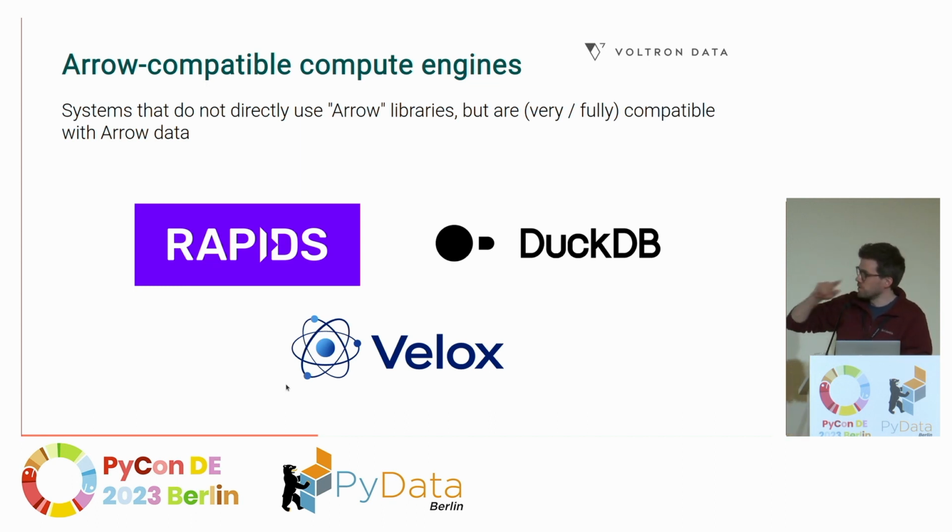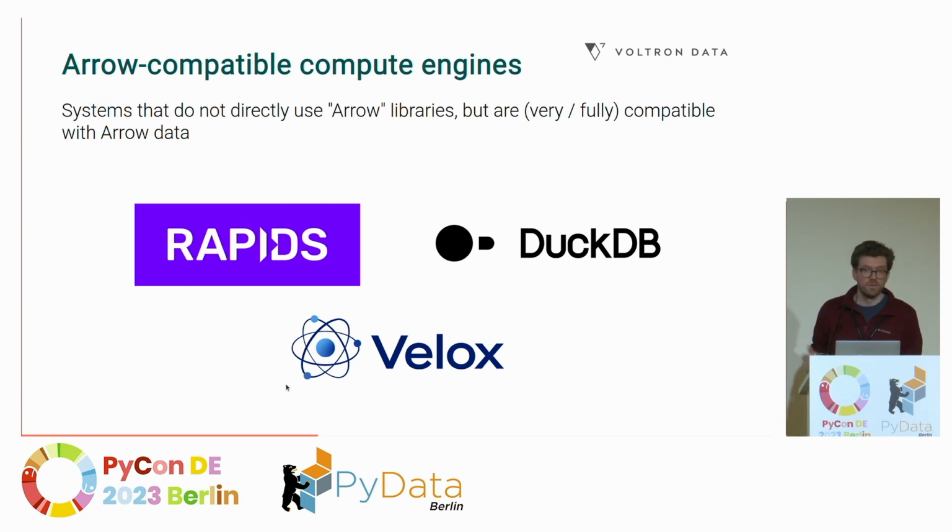For example, you have the RAPIDS project for GPUs. On the cuDF side, they use Arrow memory internally. DuckDB is not related to Arrow, but it's very much compatible with Arrow. So if you get data in or out of DuckDB, they will use Arrow. Velox, similarly, is a relatively recent open source project from Facebook.